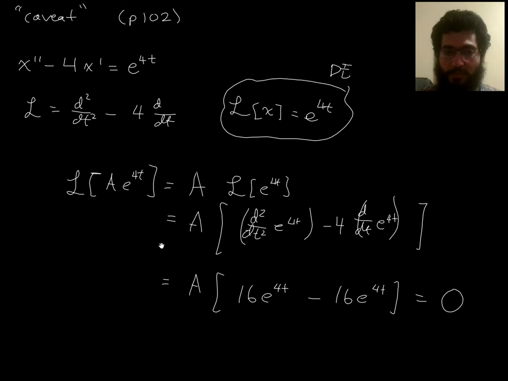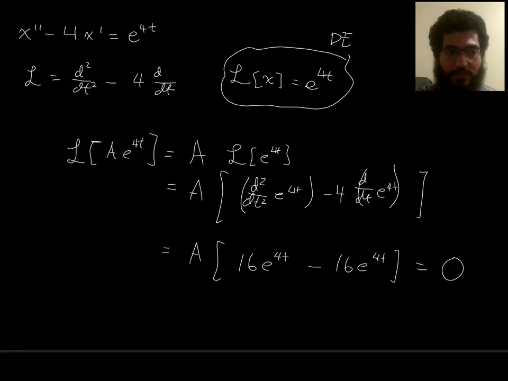What's actually the problem? What's the source of the problem? It seems L kills e to the 4t. In other words, e to the 4t is a solution to the homogeneous differential equation, the homogeneous version of this differential equation. So here's the source of the problem.